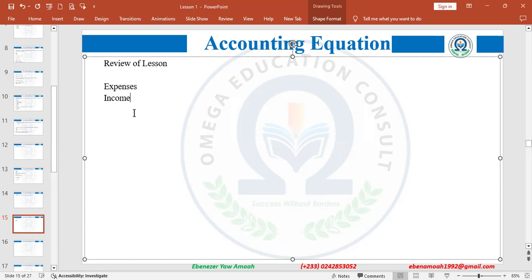Then from that, we'll look at the almighty double entry principle. That's the bit where we're beginning to think about debiting and crediting. You can read around it, but don't worry, we are going to do justice to the double entry principle.